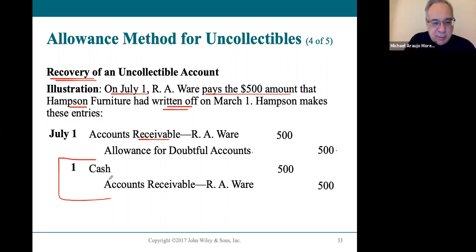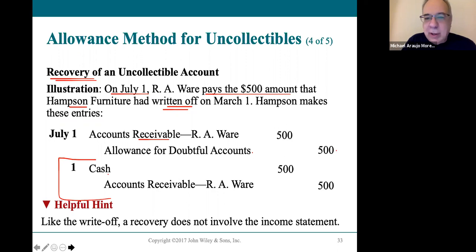Accounts receivable is supposed to turn to cash. That's what you were waiting to receive, was cash. So grab the cash, send Mr. R.A. Ware out the door. You have his 5 Benjamins, and you're happy as an accountant with a lot of green.